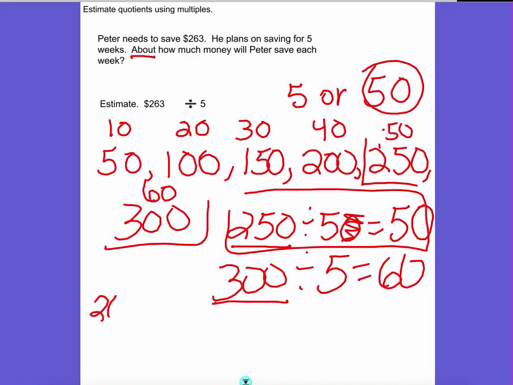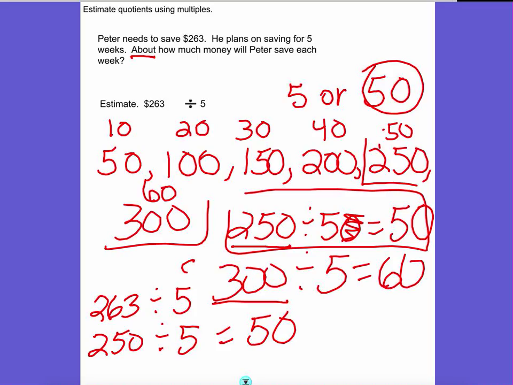So 263 divided by 5 would now become 250 divided by 5, which is about 50. So the answer would be about $50. Okay? All right, and this is the end of estimating quotients using multiples.